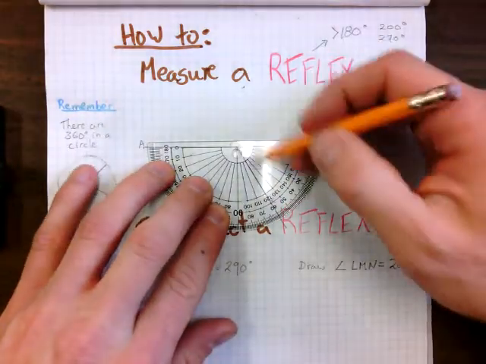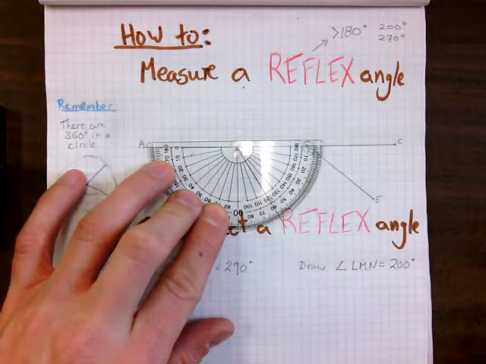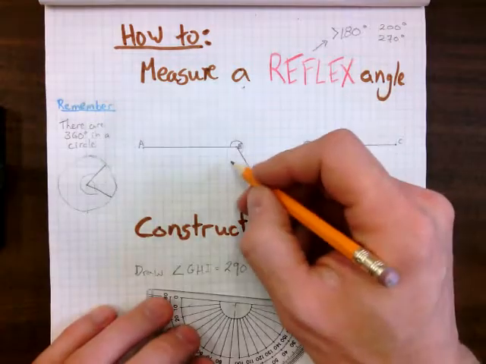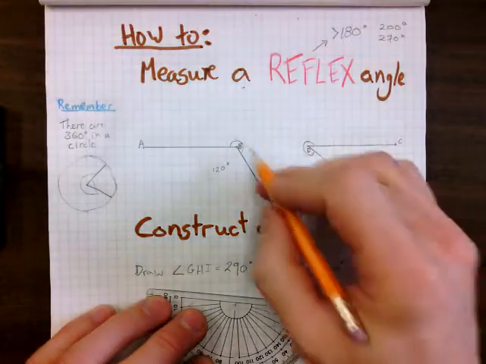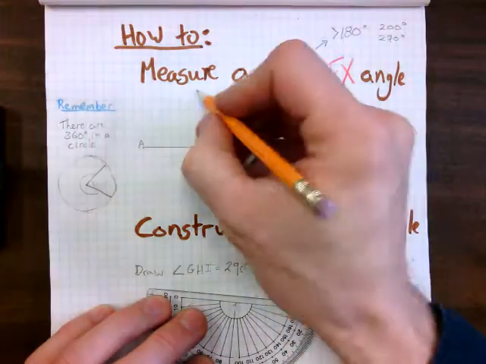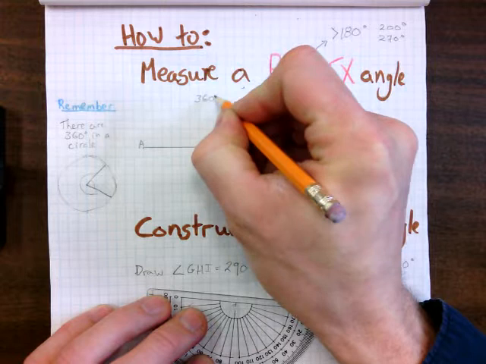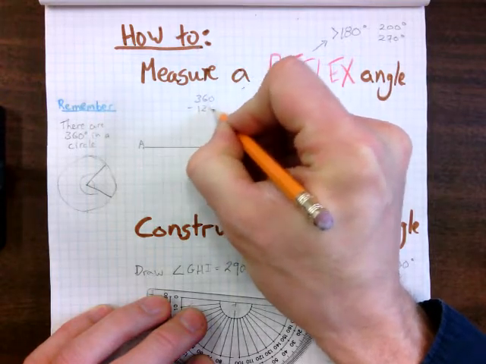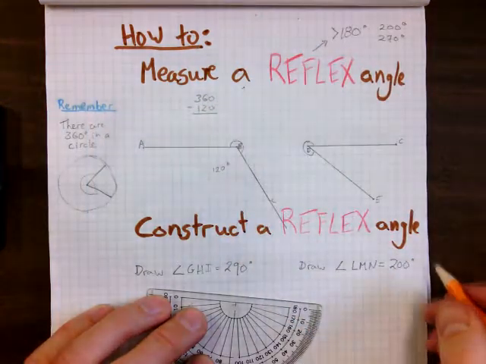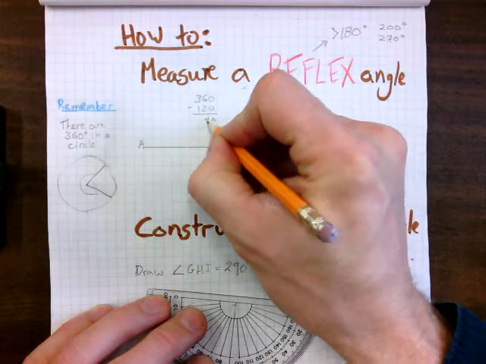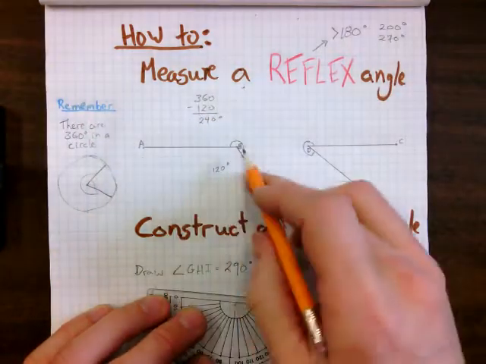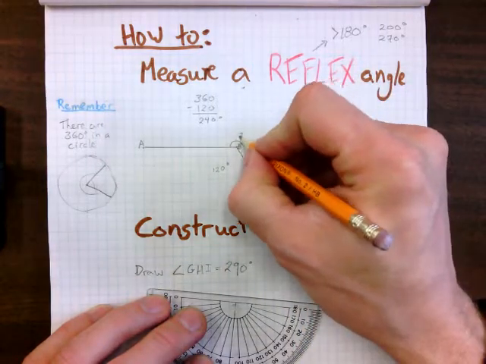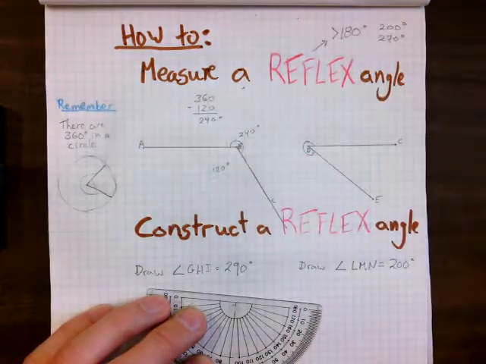Okay, if I measure this, looks like it's 120 degrees. So this inside area is 120 degrees. To find the outside, I simply subtract from 360. 360 minus 120 is 240 degrees. So my angle ABC is 240 degrees.